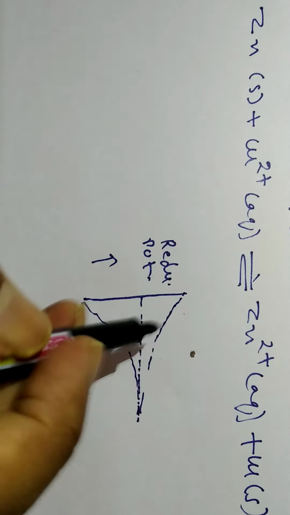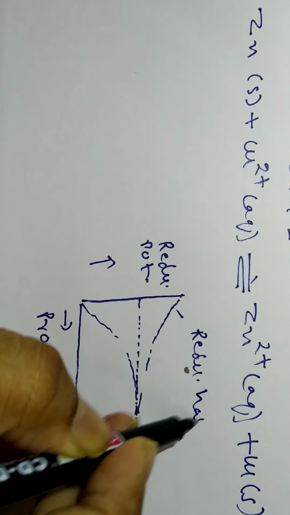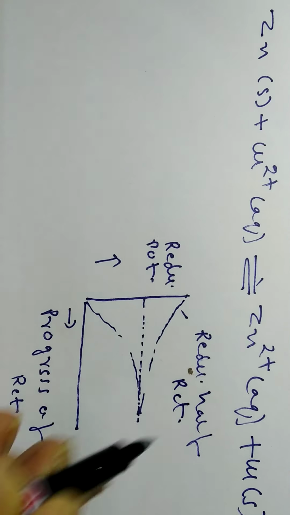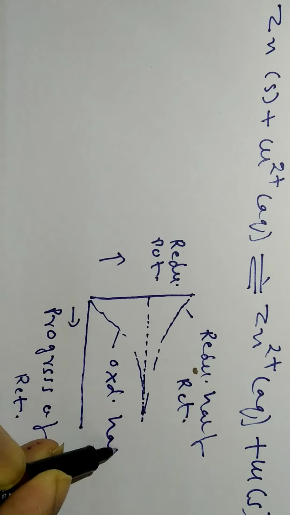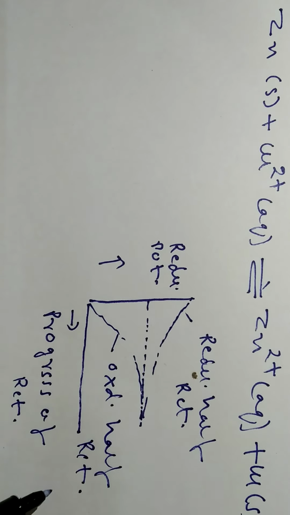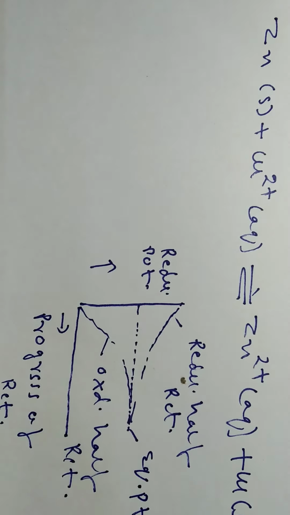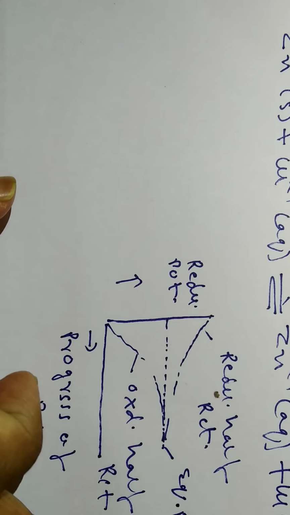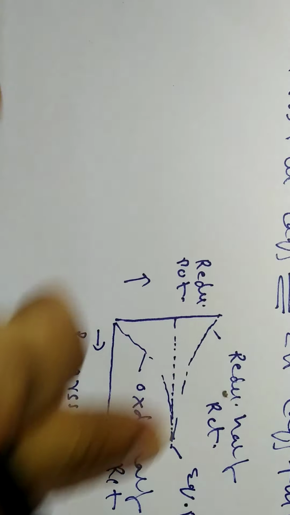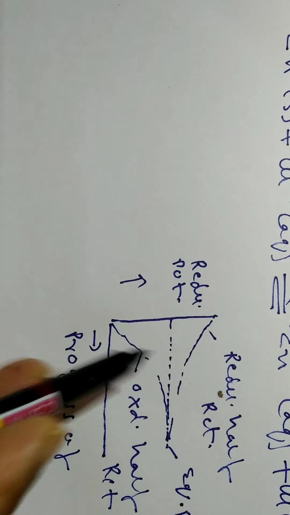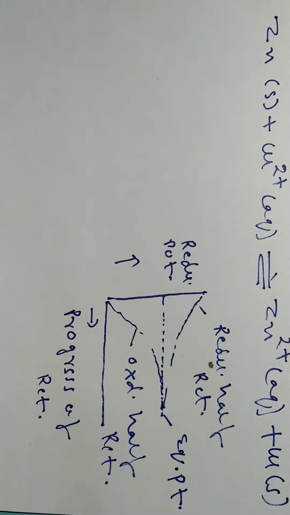This line denotes the reduction half reaction. This line denotes the oxidation half reaction, and this is the equilibrium point. This is a representation of how the cell stops working or the cell reaction reaches equilibrium. Graphically, I have tried to explain that at the equilibrium point, the reduction half reaction and the oxidation half reaction both attain equilibrium.